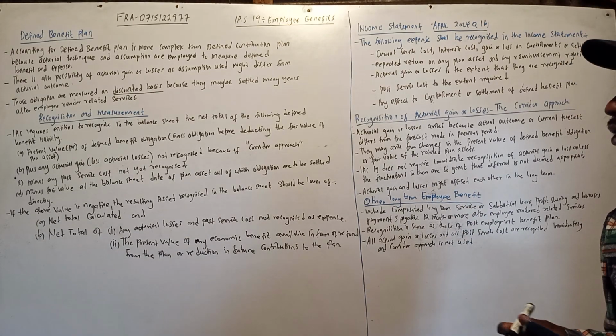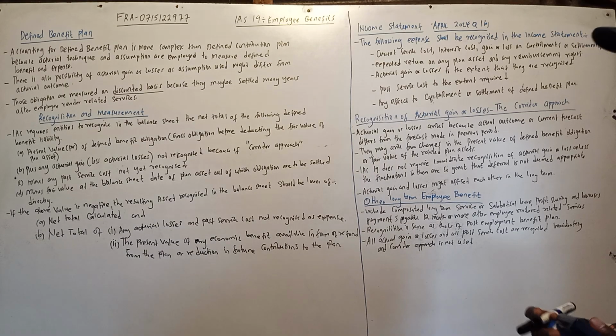Let us see the recognition. IAS 19 requires entities to recognize in the balance sheet the net total of the following.